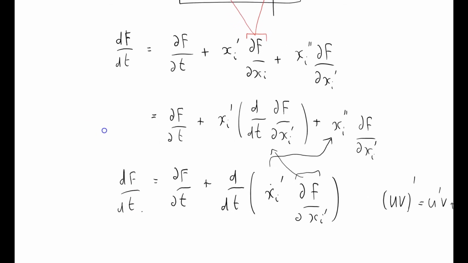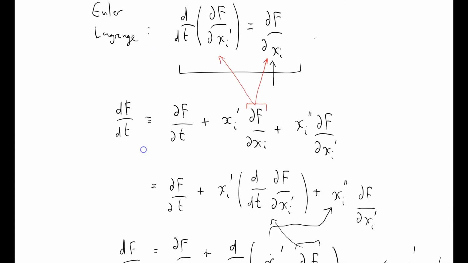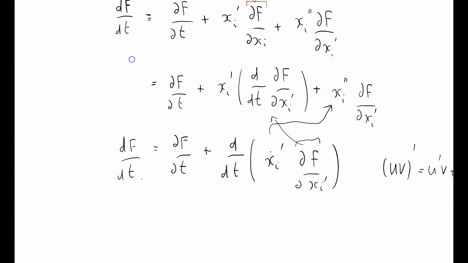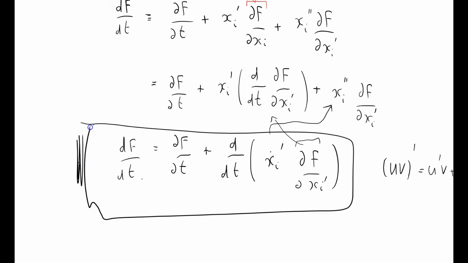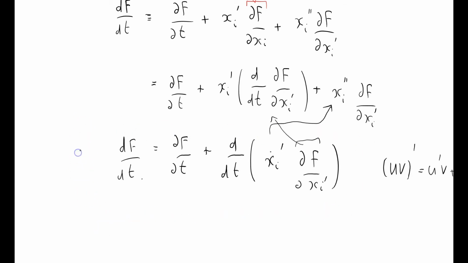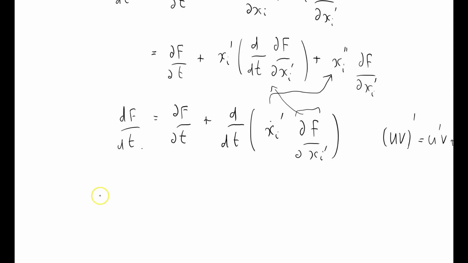It's a little bit tricky to get to grips with what's going on here. What I'm doing is just expanding f in terms of its derivatives with respect to t, but I'm using the Euler Lagrange equation. So this statement here is a restatement of the Euler Lagrange equation. And I can do something a little bit clever here.